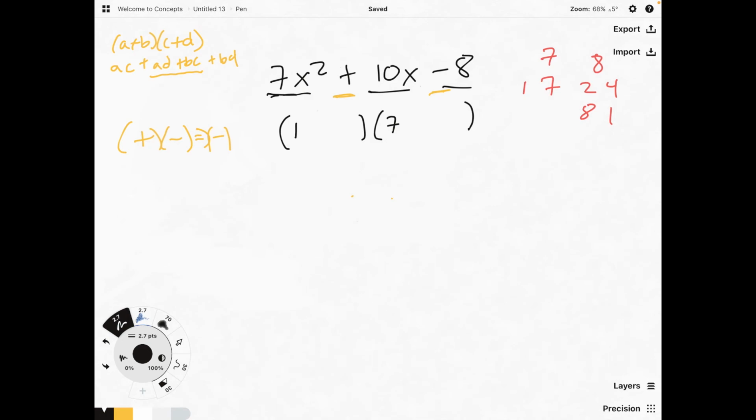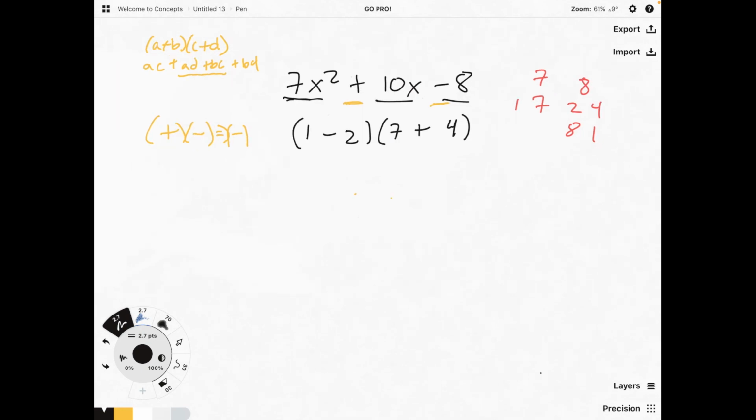Let's see if we do 1 times 8 and then subtract 7, that's not going to work. However, if we do 1 times 4 and we do 7 times 2, that's going to work, because if we have 7 times 2, that's 14, plus or minus 4, then we're going to get that 10. And we already know, again, that we have that positive and that negative value. Let's just see if, by inserting the positive and minus signs in this fashion, we yield the correct sign.